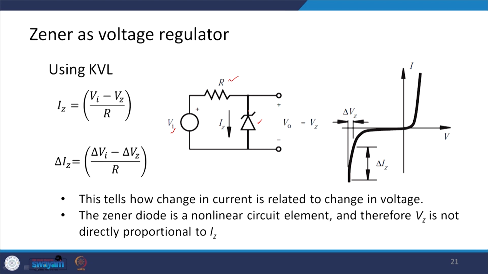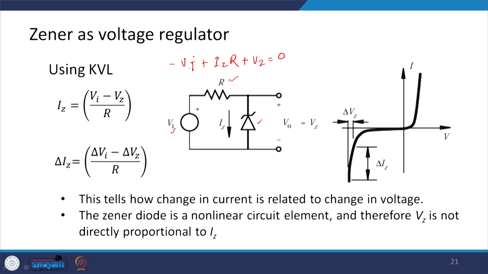If I analyze this circuit and apply Kirchhoff's voltage law, then minus Vi plus IZ R plus Vz equals 0.